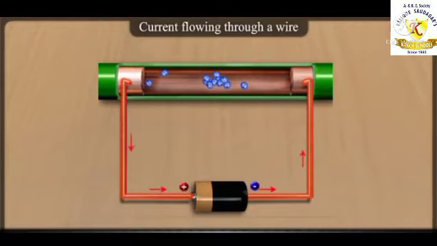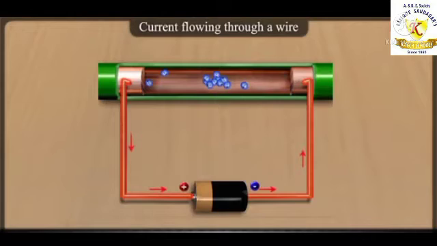So, when we connect the ends of the wire to the two terminals of a cell, electric force acts on the electrons. Electrons, being negatively charged, start moving from the negative terminal, which has lower potential, to the positive terminal of the cell, which has higher potential.